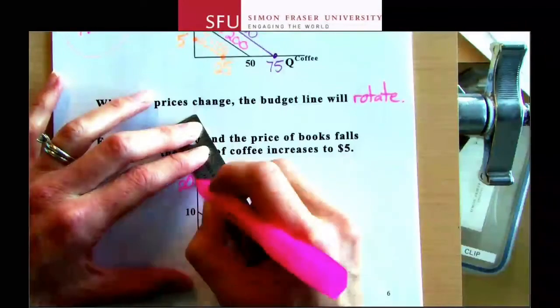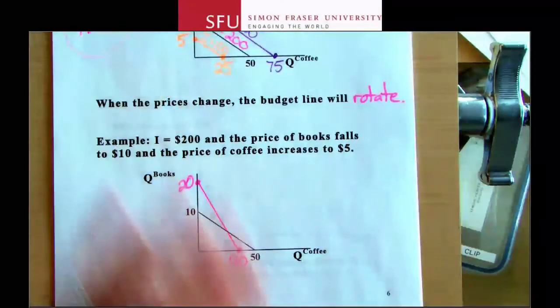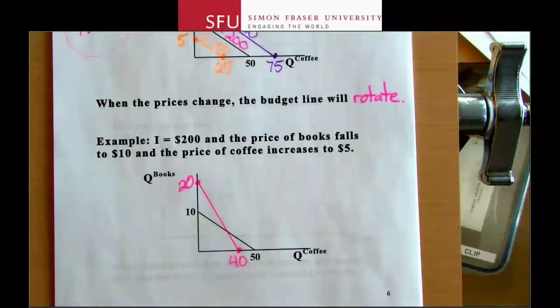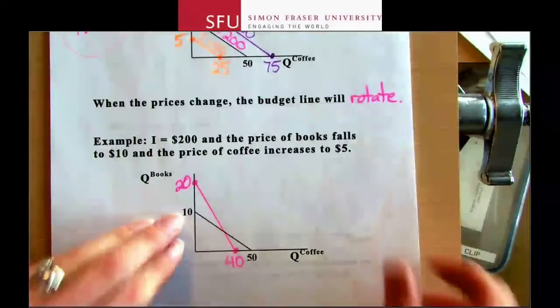So the opportunity cost will change now. The ratio of what you have to give up to get more of the other one is changing because the prices are changing.